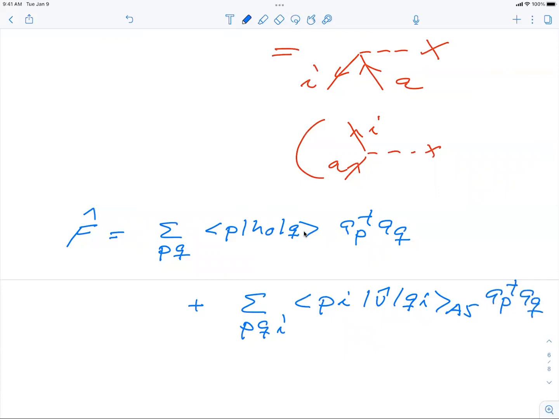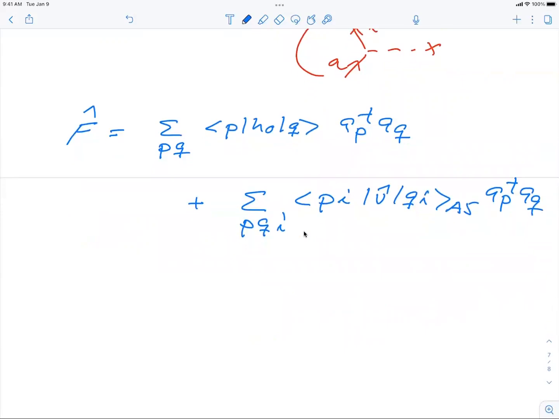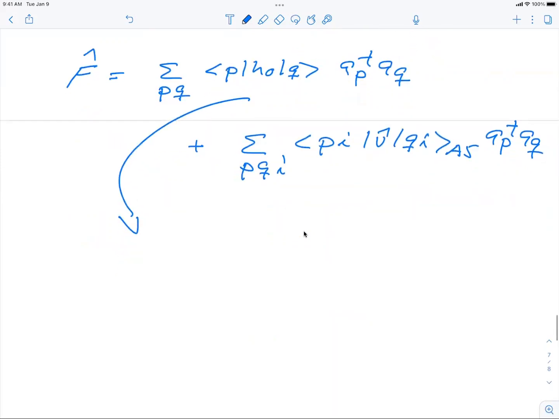So if we now look at the first term, it doesn't have a summation over I. So if we take the first term in a diagrammatic form, that would be given by a sum over PQ, and then we would have the specific states Q and P.